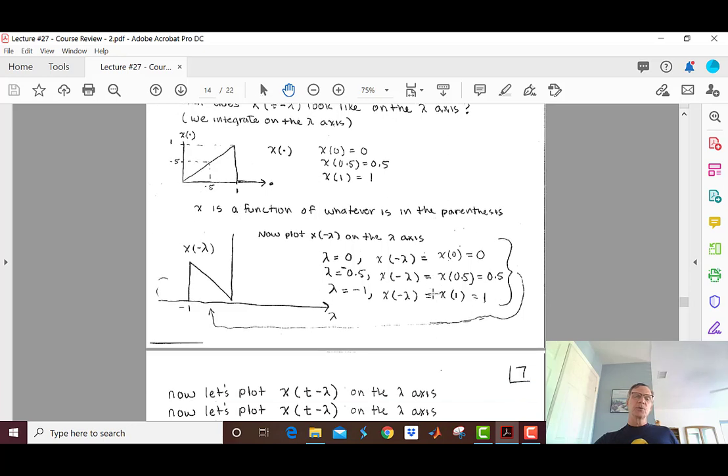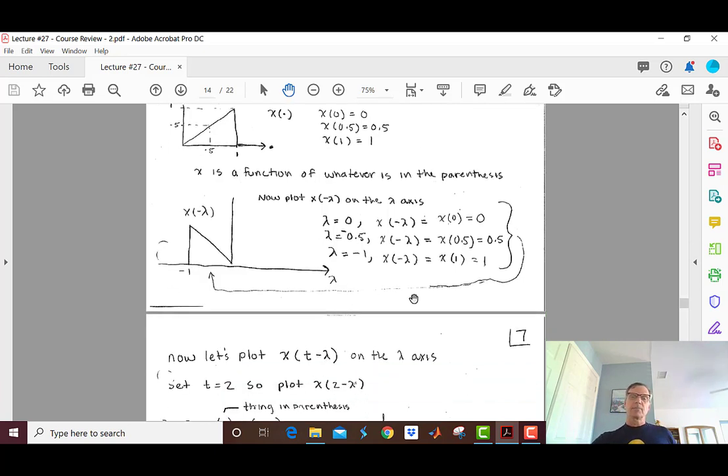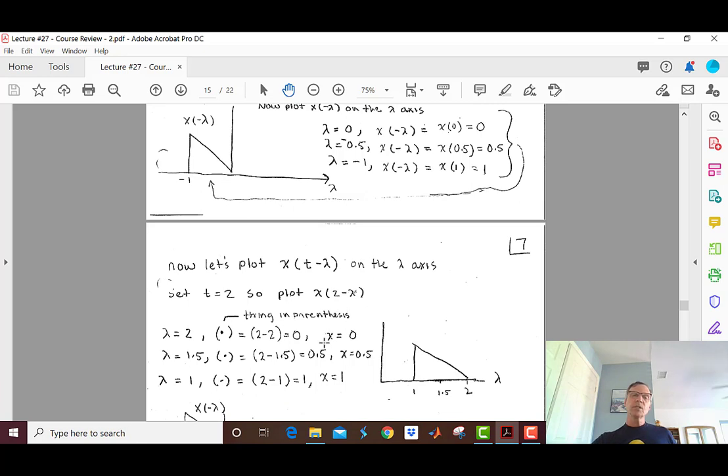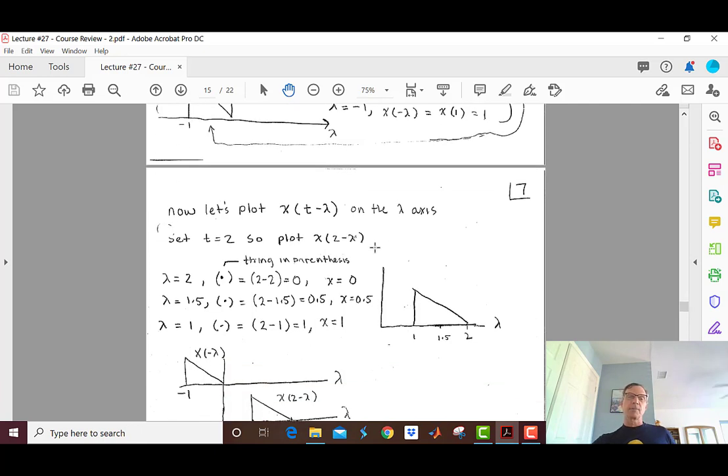Now let's plot not just x of minus lambda, but x of t minus lambda on the lambda axis. So I'm going to set t equal to 2, and I'm going to plot x of 2 minus lambda. So lambda of 2, or in other words, I want this point. So lambda is 2. So my dot, or the thing in the parentheses, is 2 minus 2, which is 0.